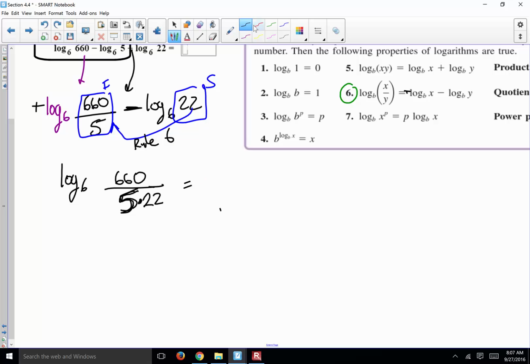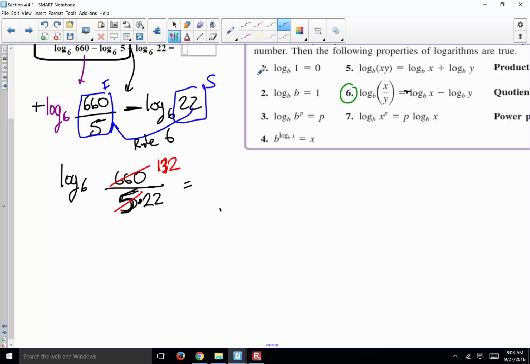Okay, now let's simplify. 5 and 660 simplifies to 112. Am I right? Correct? No, it doesn't, of course. 120. 132, I believe. 5 times 100 is 500. 5 times 30 is 150. 5 times 2 is 10, 660.